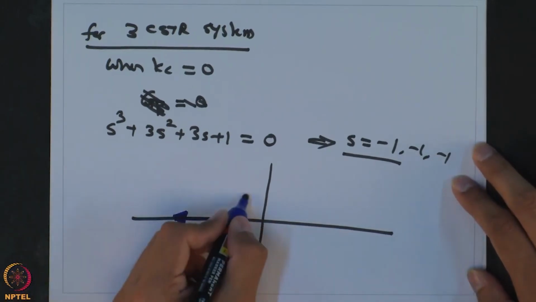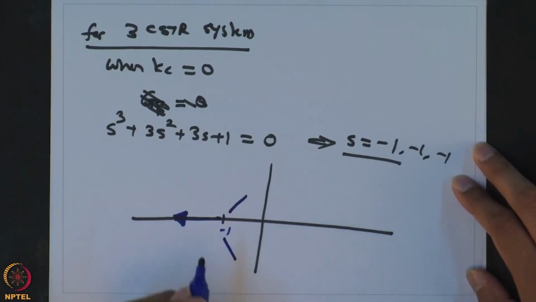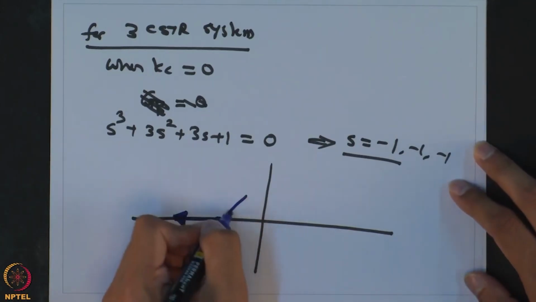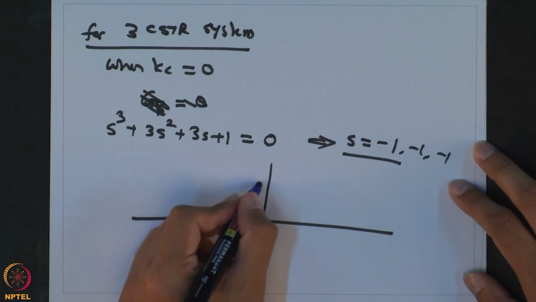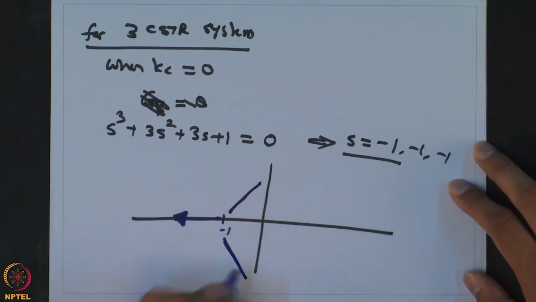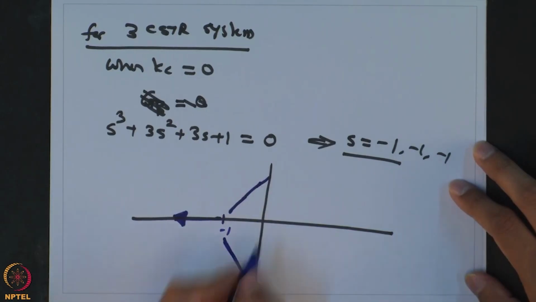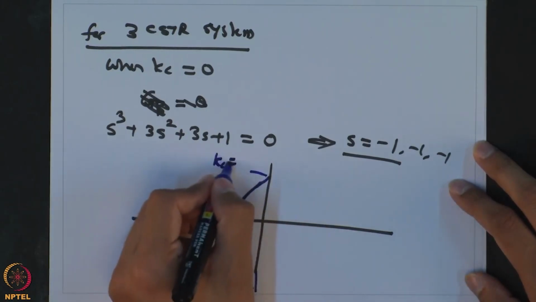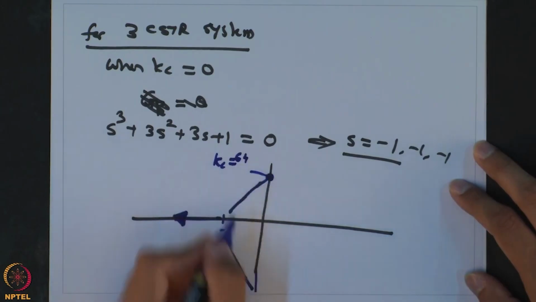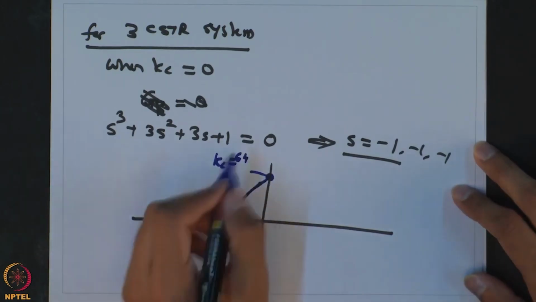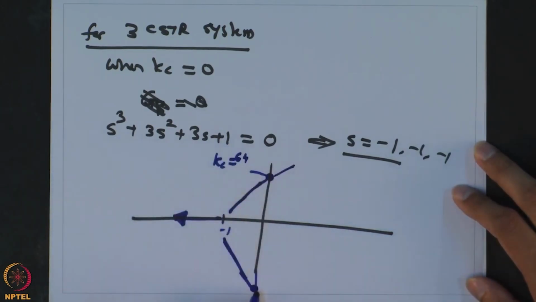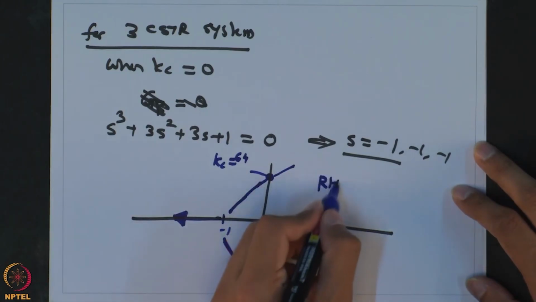The other two roots actually bifurcate into complex conjugate roots, and they have a real part which is increasing as you increase the controller gain, and when the controller gain reaches 64, you have a pair of complex conjugate roots on the imaginary axis. If you increase the controller gain further, they will go into the right half plane.